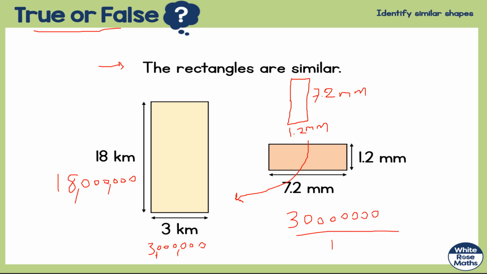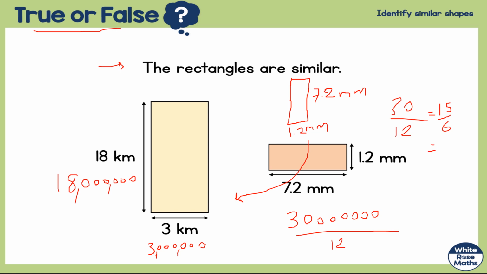Let's make it a bit easier. Let's do 30 divided by 12 first. So 30 twelfths, what's that as a decimal? Well, that's going to be 15 out of 6. Divide top and bottom by 2. Divide top and bottom again by 3.